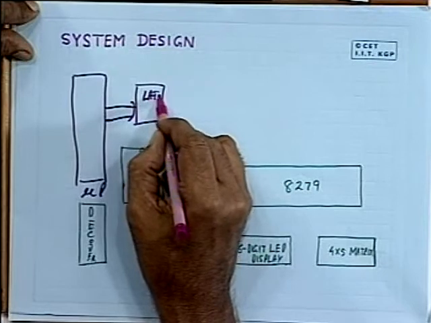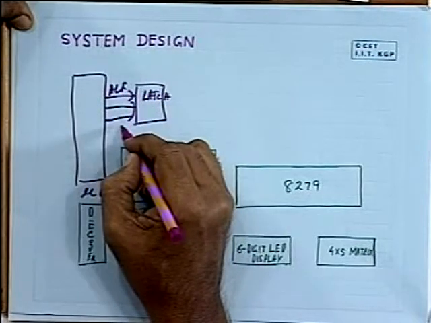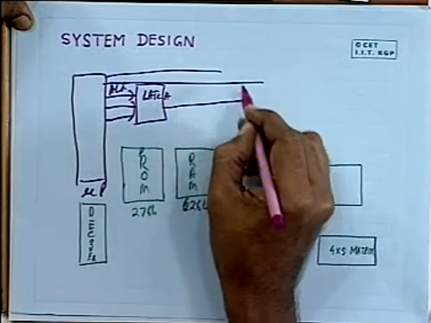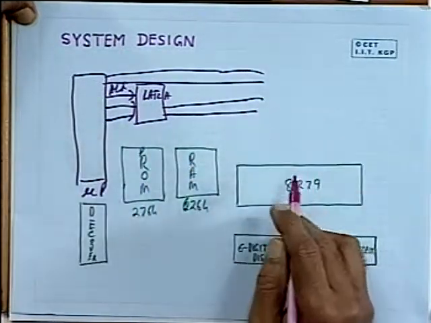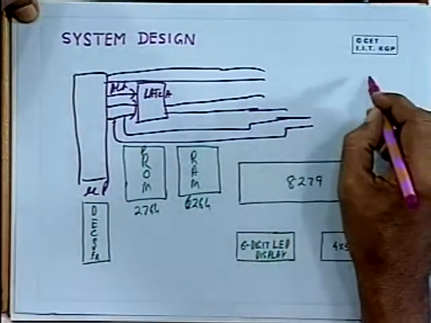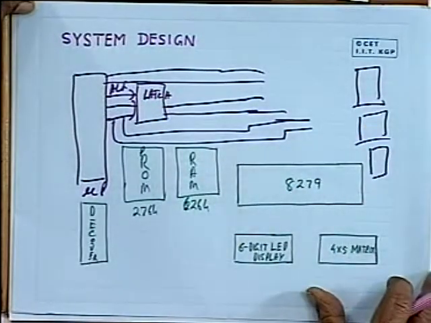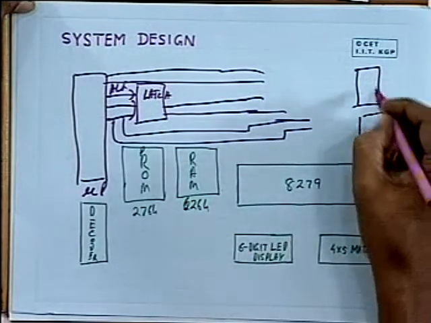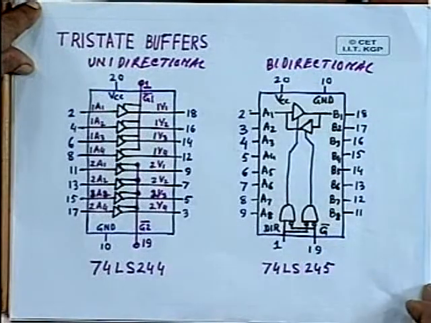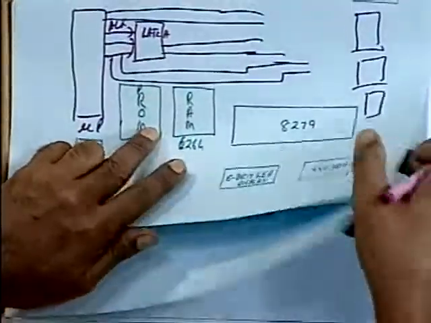This is the latch which will come from the ALE, and this is the AD0 to 7, and the addresses will be there, and we have already discussed the other addresses will come from here, and this will come from the data lines, and you will use the device drivers at the output, and these are the drivers, those bidirectional tri-state drivers and unidirectional tri-state drivers will be there. And this is how we will do the complete system hardware design.